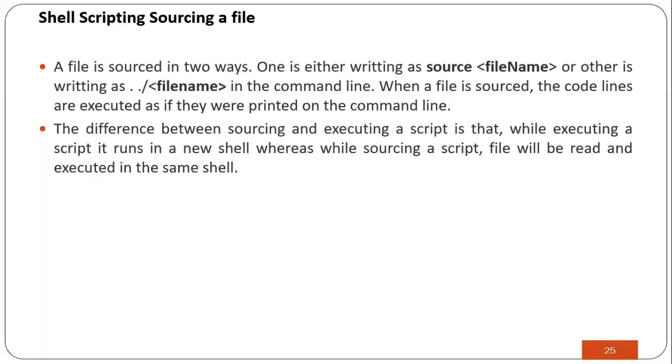So now let's see how to source a file. There are certain environment files which hold the environment values. So if you are an Oracle DBA, when you are connecting to the Oracle database, you need to set the Oracle database SID name and the home path.